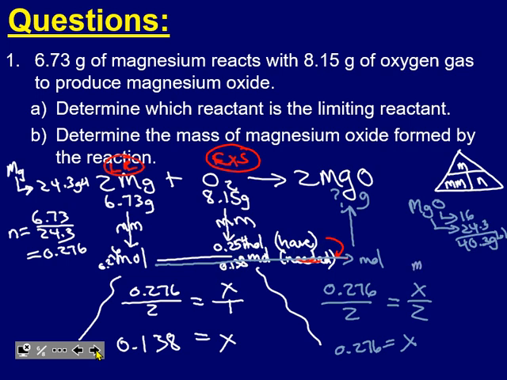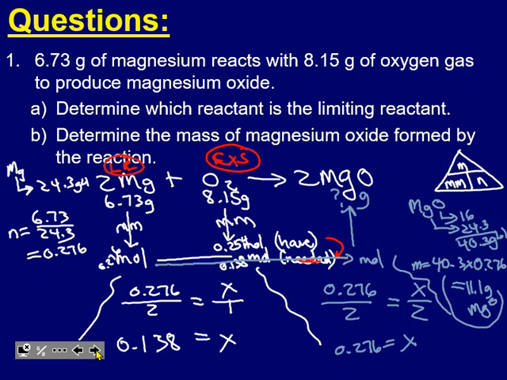Mass is equal to molar mass times moles. 40.3 times 0.276, squiggle, squiggle, squiggle. And I need a number. You got a number? 11.1. 11.1 grams of MgO.